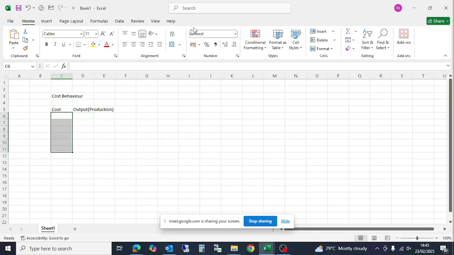So the cost is in kwacha, we estimate cost, and then the output is in units because it's production. Do you remember my desk example in our last session, where we talked about desks and nails and wood?